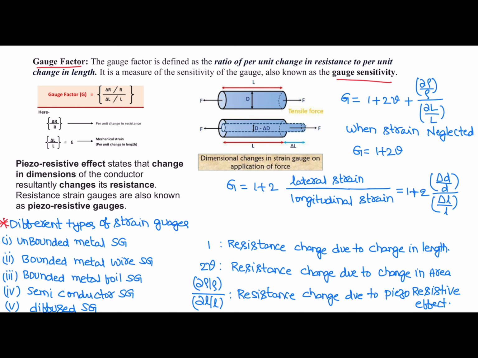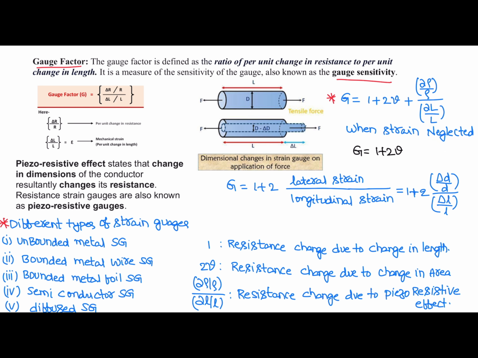The formula for gauge factor G is 1 plus 2 nu plus dou rho by rho divided by dou L by L. When the resistivity change is neglected, then gauge factor G is 1 plus 2 nu.